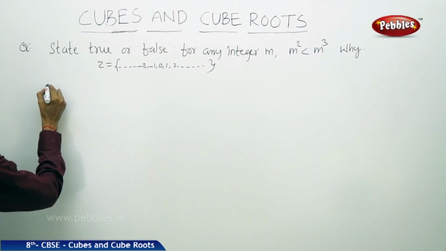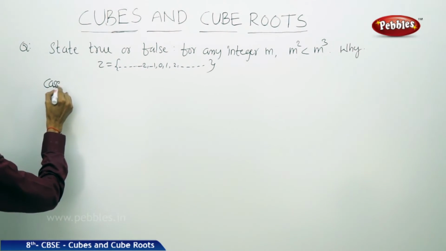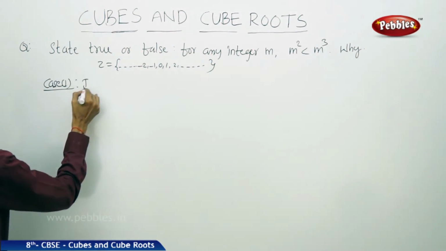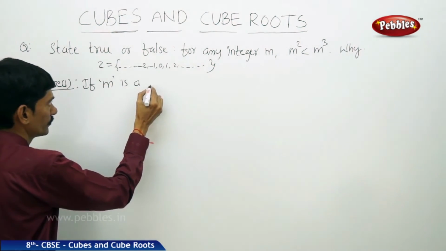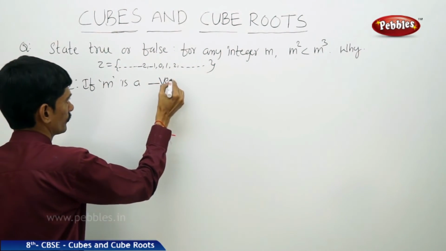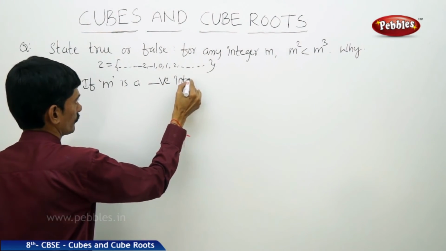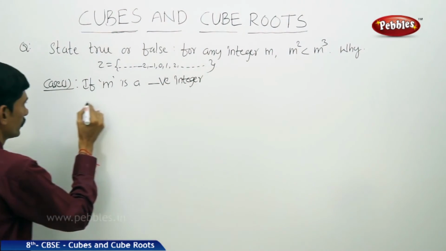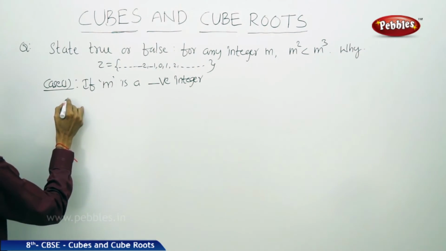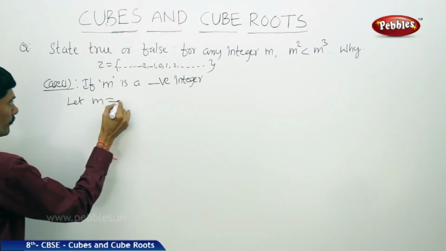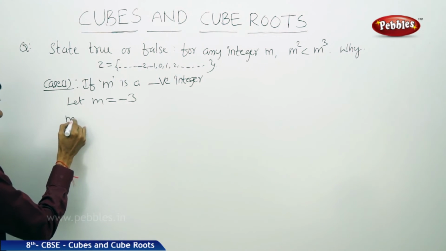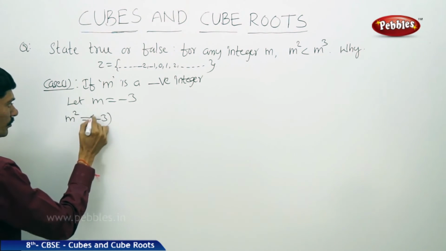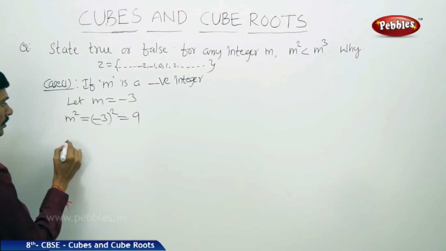Now case 1, if m is a negative integer. So let us take any negative integer for m. Let m equal minus 3. Then you will find m square. m square equals minus 3 whole square equals 9.